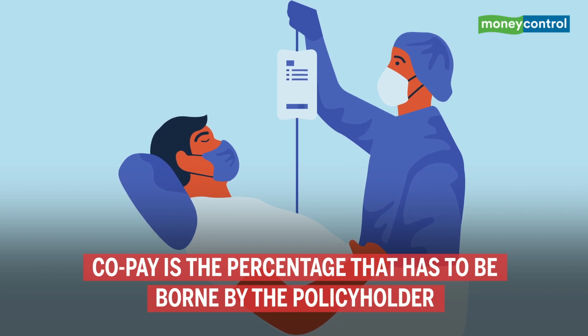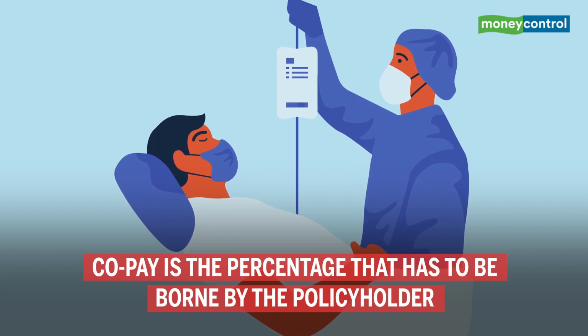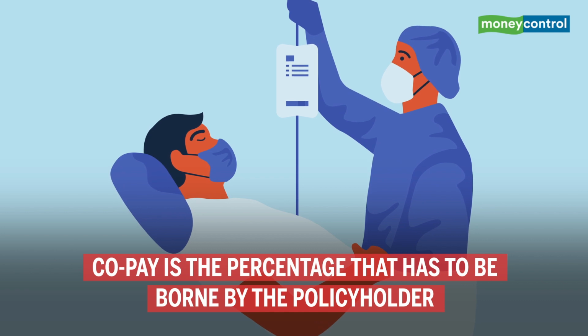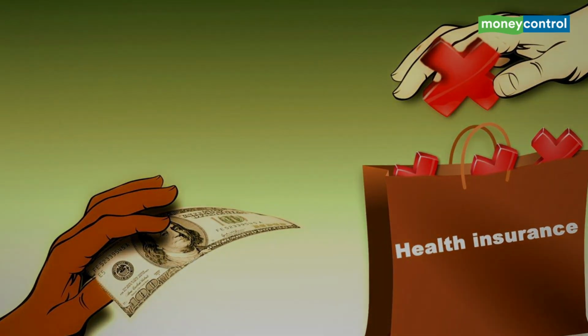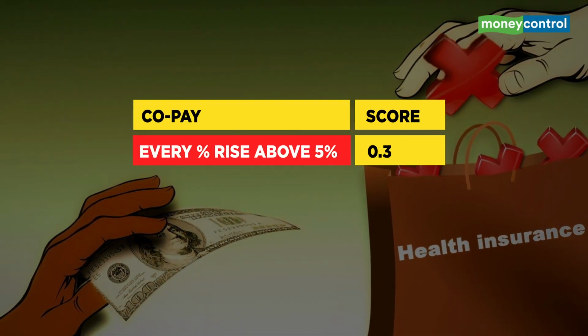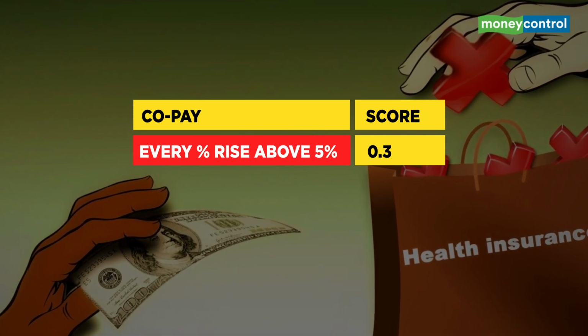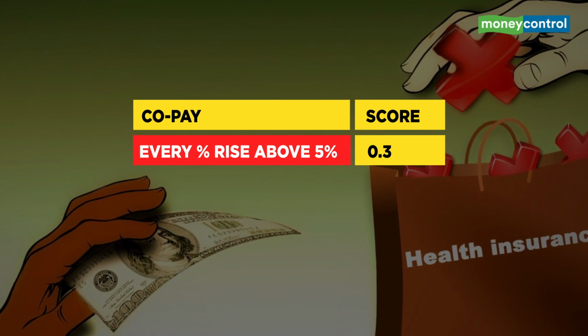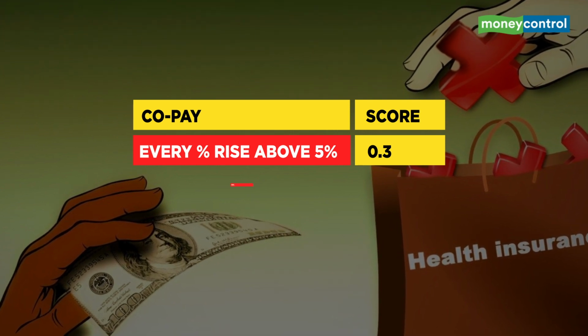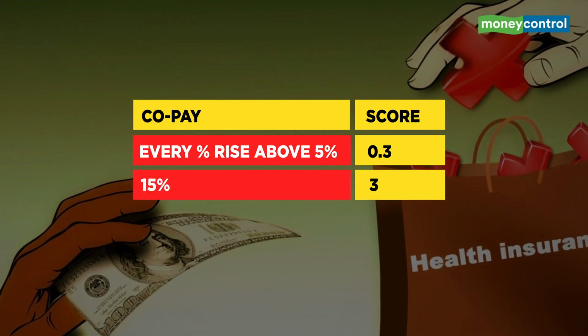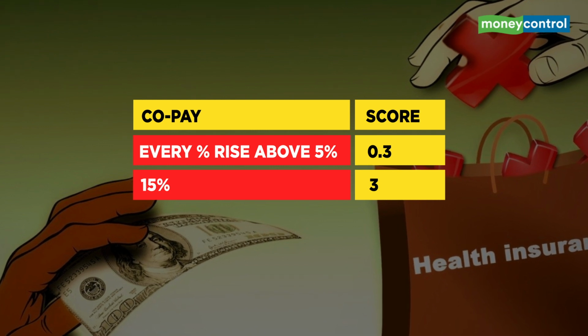If the copay is 10%, for example, the insurance company will pay 90% of the claim. A score of 0.3 is given for every 1% rise beyond the 5% copay. In case there are 2 copay options of 10% and 20%, the average copay will be 15%.